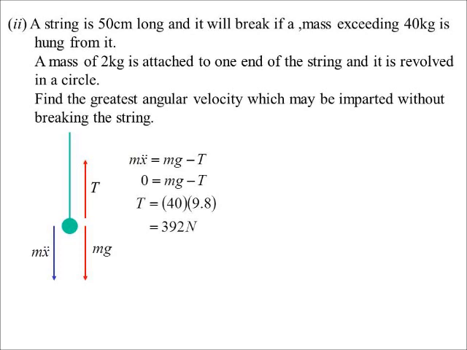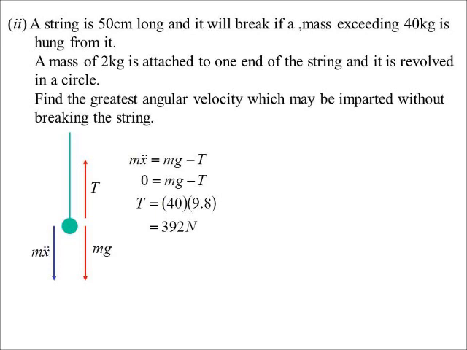That allows me to work out the maximum tension it could hold, because we said the heaviest mass we could put on it was 40 kilograms. So if I put that 40 in there, and the force due to gravity is not changing, so 9.8 for g, I know the maximum it can handle is 392, and the units for force is newtons. So 392 newtons is what it can handle.